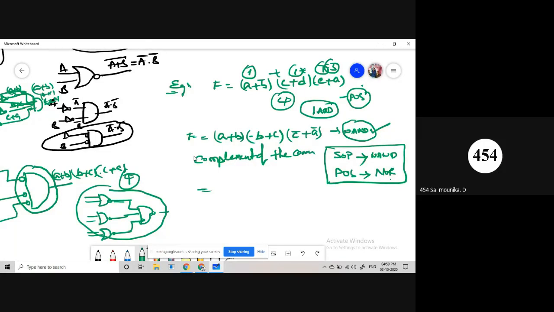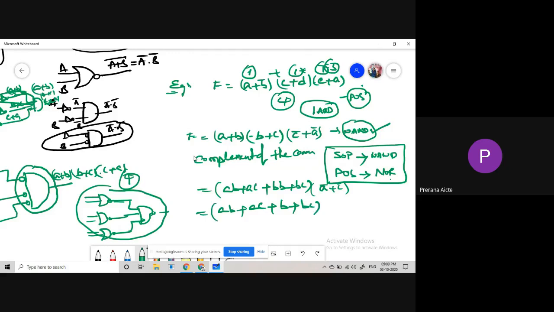So AB plus AB plus BC, AC plus BB plus BC into A bar plus C bar. AB plus AC plus B plus BC into A bar plus C bar.